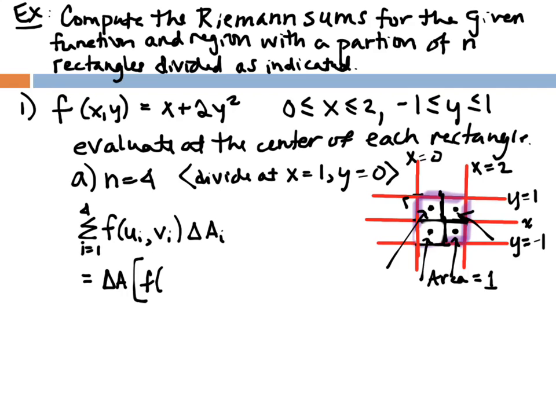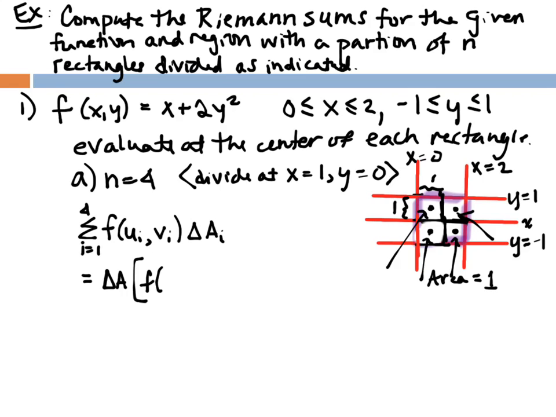Yes, we have 4 rectangular regions we're working with, exactly. So we're making 4 summations. We're going to find 4 heights, and multiply the sum of those 4 heights by the area of the base.